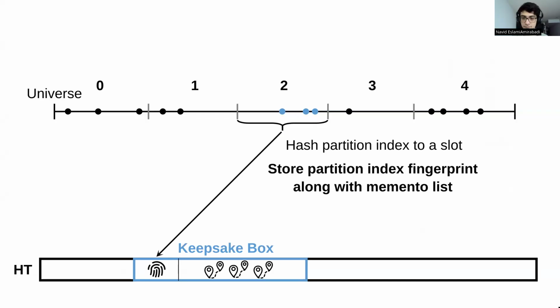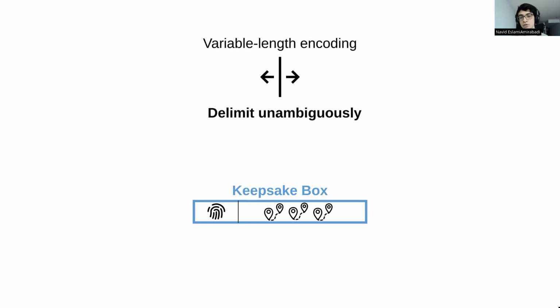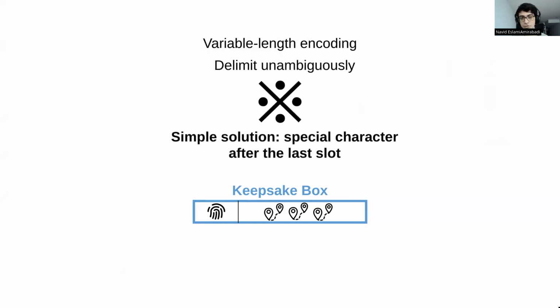Now, because partitions can have a varying number of keys inside of them, keepsake boxes can be variable length. So they have to have a variable length encoding in the sense that we want to be able to delimit them unambiguously. A simple solution is to use a special character, in a sense a special value for a slot, that's always put right after the last slot of the keepsake.